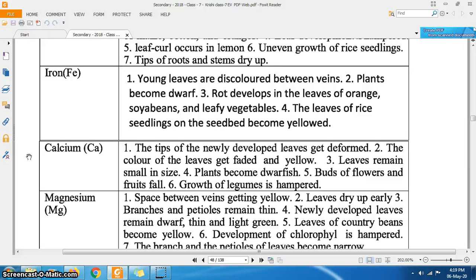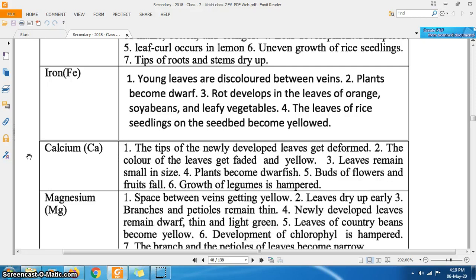Deficiency symptoms of magnesium: space between veins becomes yellow. Leaves dry up early. Branches and petioles remain thin.